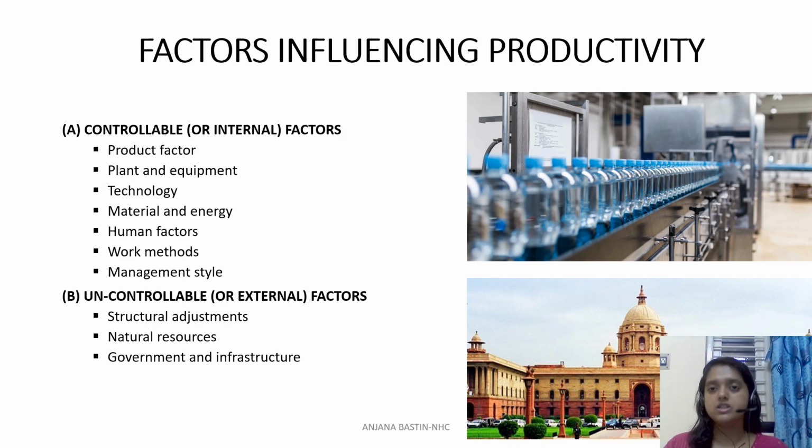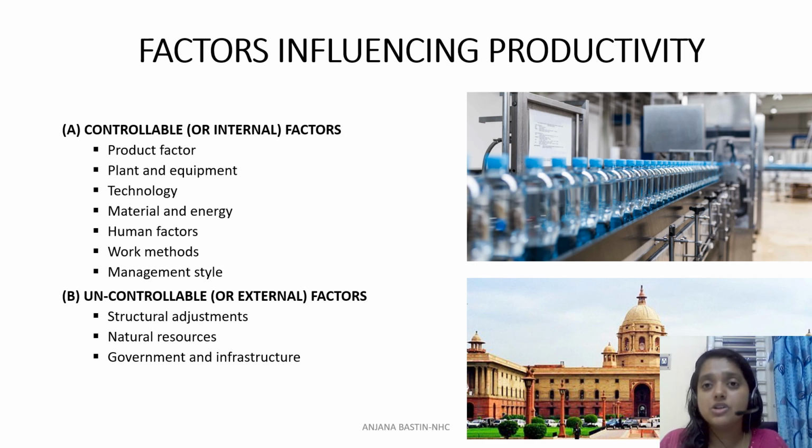Material and energy. Like it's mentioned, in materials it's very crucial that you don't overstock or understock the material in your stores or your inventory, because both of them have one bad issue. Overstocking means a lot of investment is gone. Understocking is where you might face a shortage, which would affect your productivity.